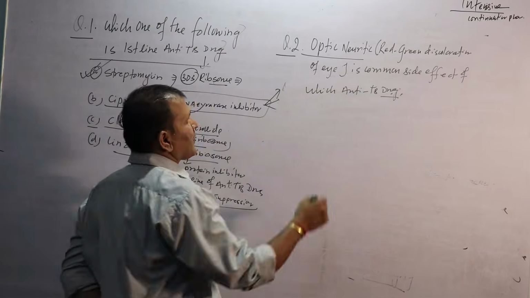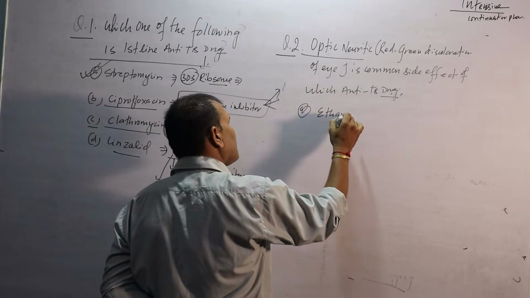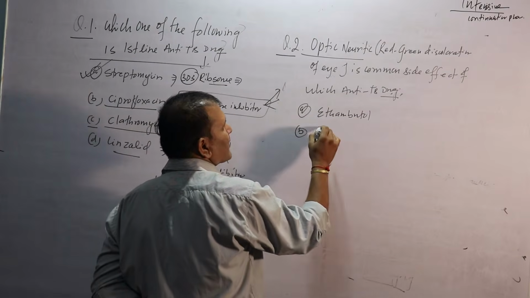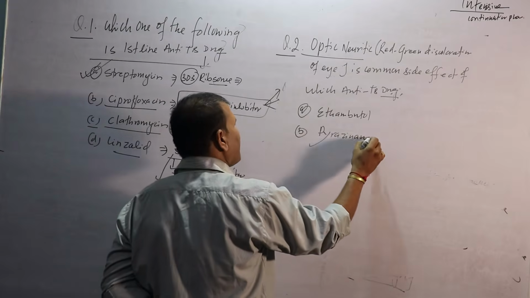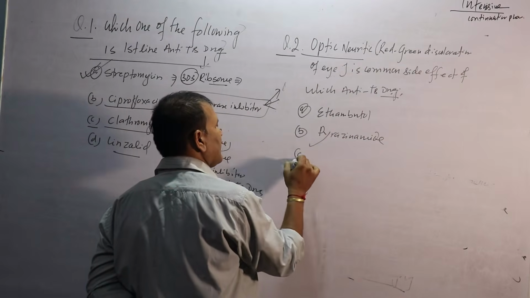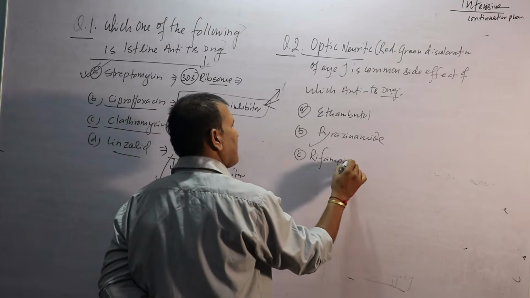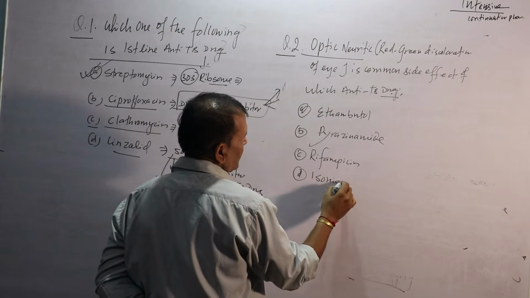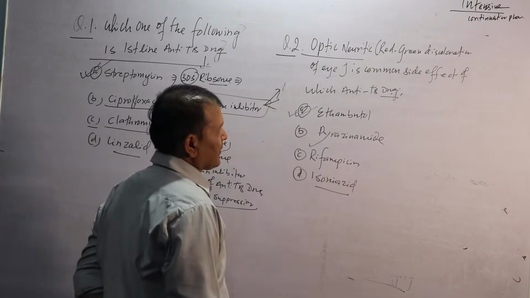Option A, ethambutol. B, pyrazinamide. C, rifampicin. D, isoniazid. So we take ethambutol here.